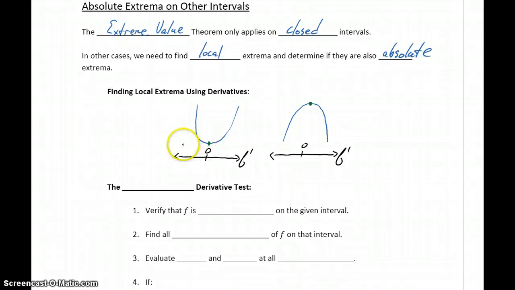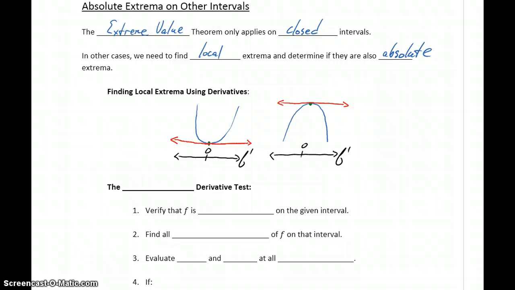But if the first derivative is equal to 0, then that means the tangent line for the function at that point would be a horizontal line, meaning it has a slope of 0. So at these points, we know that our first derivative is equal to 0, so the tangent line has a slope of 0.